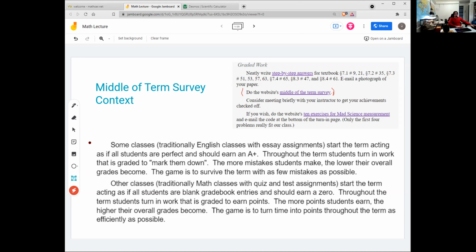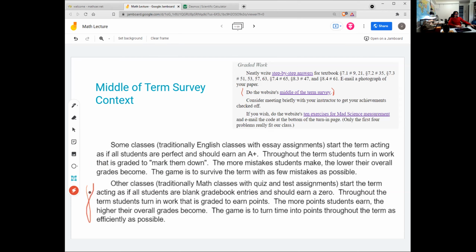Maybe people don't actually believe this, but the grading behaves like everyone starts perfect. You're all on the A+ track, and your job is to not get marked down. You want to avoid mistakes. So survive the term with as few mistakes as possible. Keep that wonderful level that you start at.